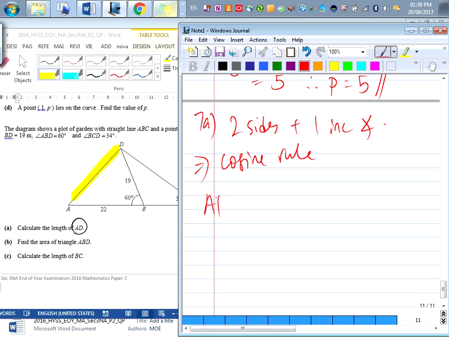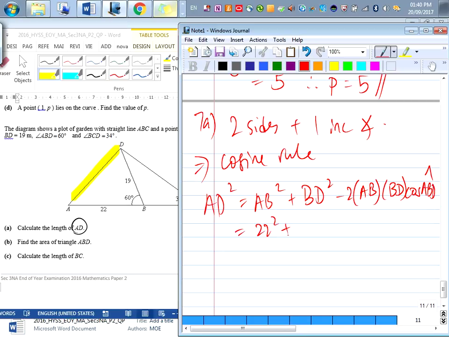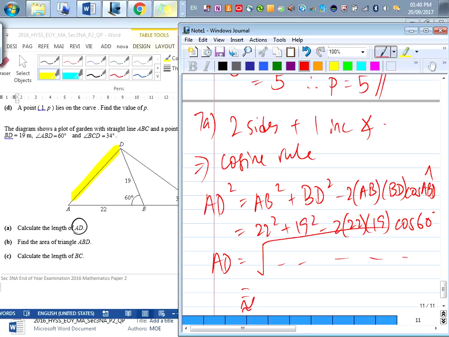Okay, so AD square is equal to AB square plus BD square minus 2 times of AB BD cosine ABD. So just substitute 22 square plus 19 square minus 2 times of 22, 19 cosine 60 degrees. Then you find AD equals to square root of whatever and get the answer and round it off.